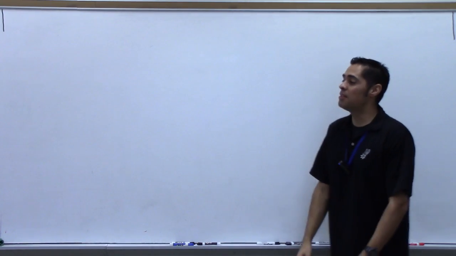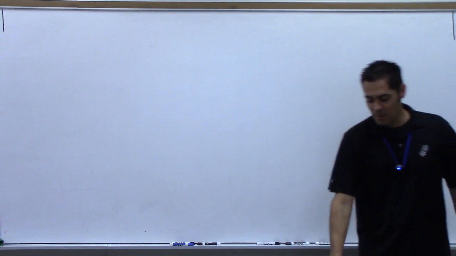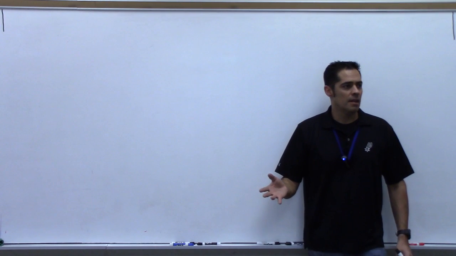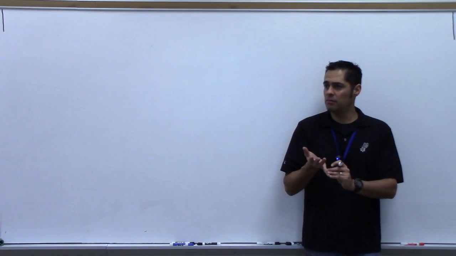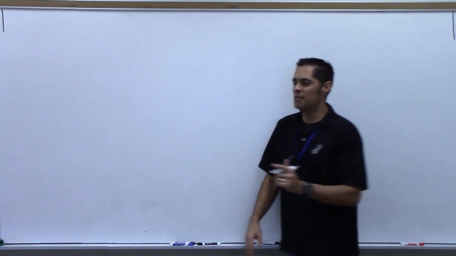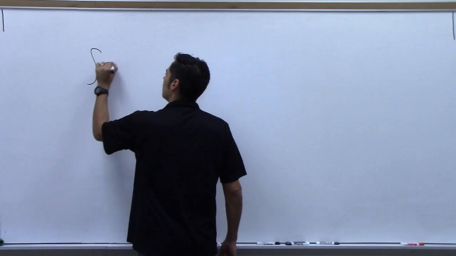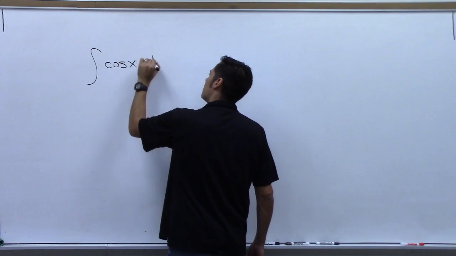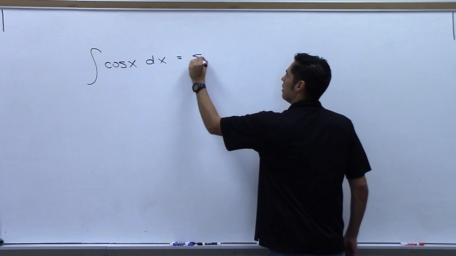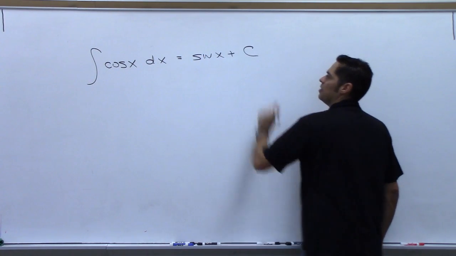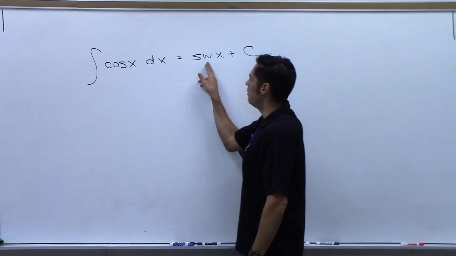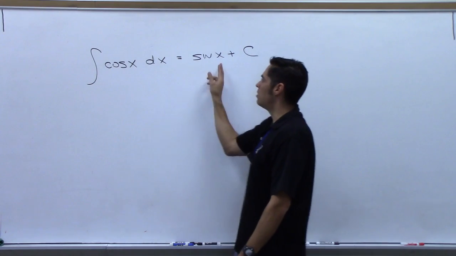All right, so substitution. Right now, the only way we can find antiderivatives is if it's a power of x, or something we recognize from Cal 1. If I write this down, everyone here should recognize that and say sine x plus c, because the derivative of sine is cosine, so the antiderivative of cosine is sine.